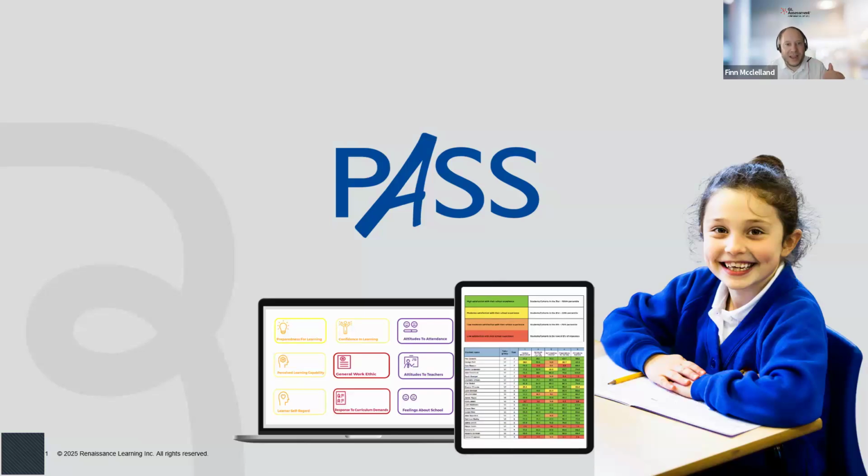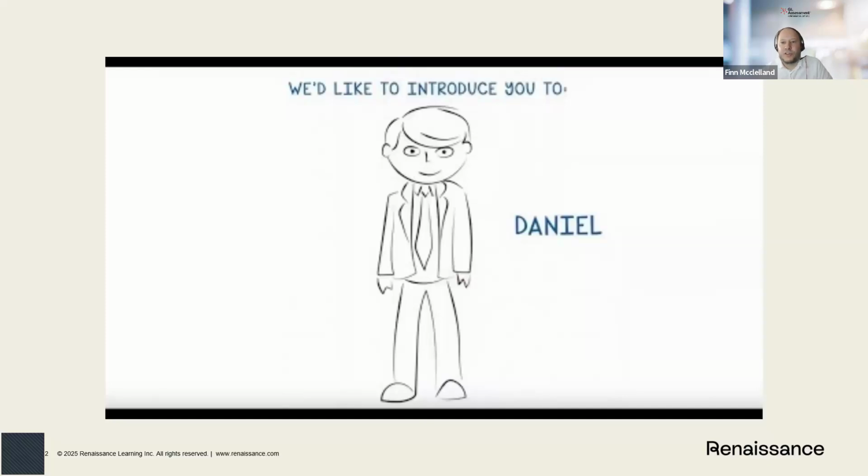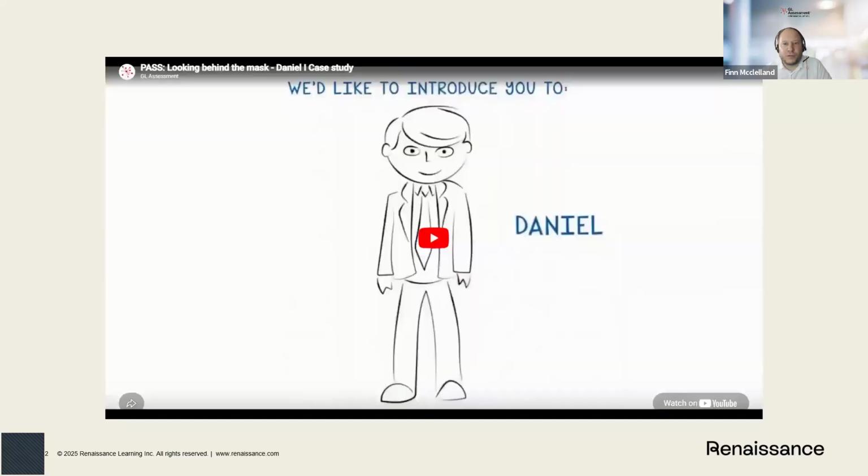It identifies non-academic barriers related to 9 key factors that could be impacting or go on to impact engagement and or learning outcomes. PASS, especially when combined with CAT4, helps to reveal some hidden challenges that might have otherwise been overlooked. Now, to introduce PASS to you, I'd love to share a pupil story which illustrates the impact this important survey can have.